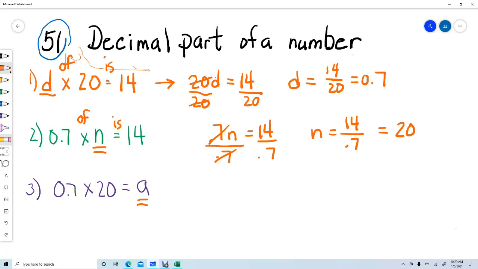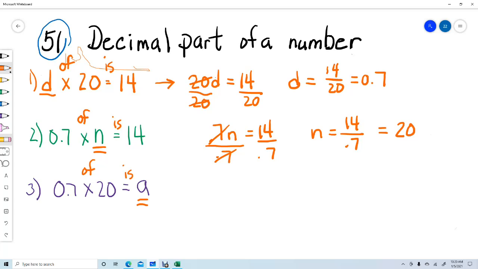Okay, lastly, I have 7/10 times 20 equals A. We're talking decimals here, let's read them properly. In the book, that would say 7/10 of 20 is what number?